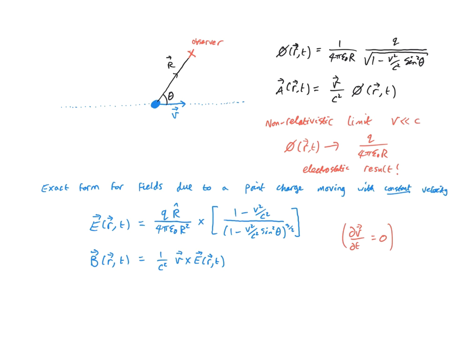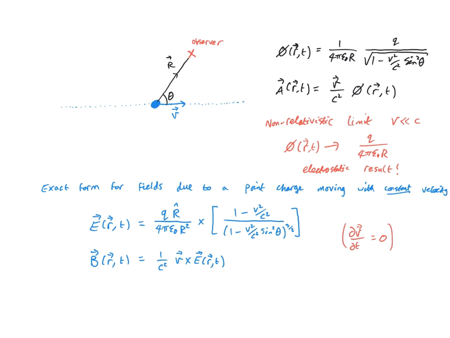However, that magnitude is also velocity dependent for a moving point charge, and so we will see an angle and velocity dependent modulation of the field strength. The direction of the field lines is still radial, but the field strength is now velocity and angle dependent, the angle coming in down here.